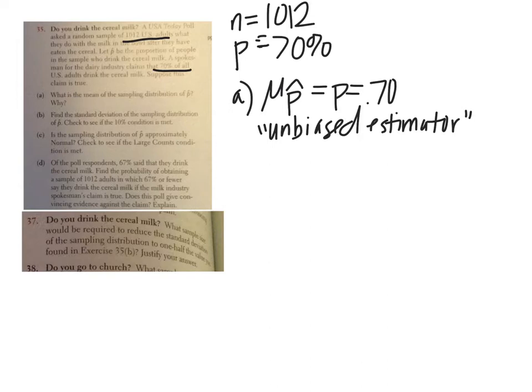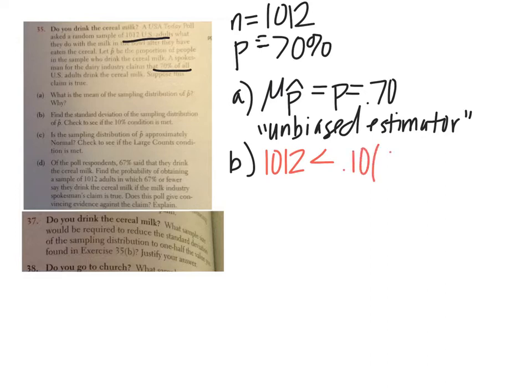First we have to find the standard deviation. Notice this is the same as number 29 as far as process. I need to check the 10% condition, because I cannot use the standard deviation formula until I have checked it.